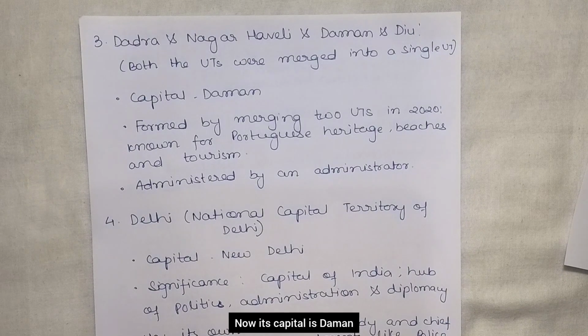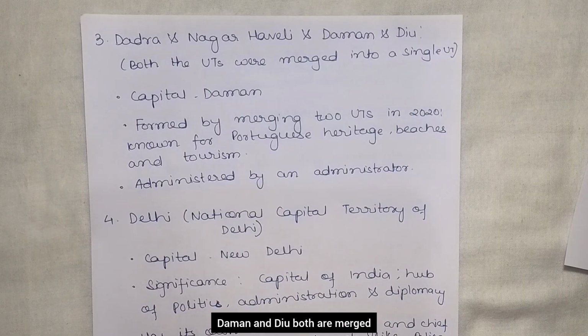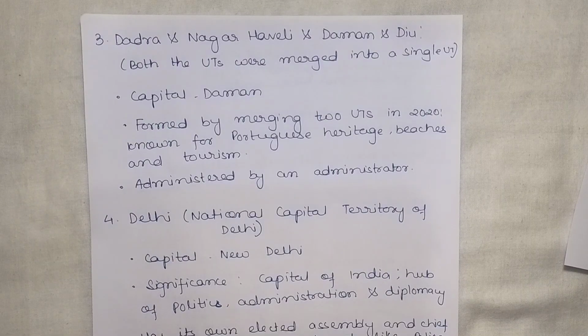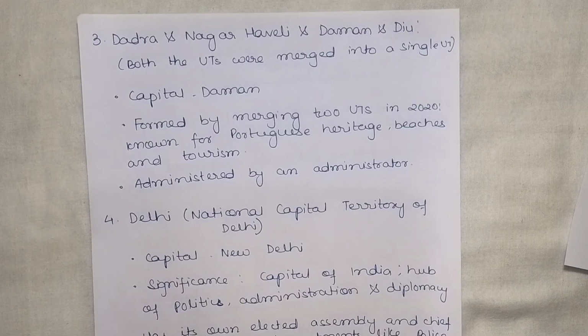Its capital is Daman, formed by merging 2 union territories in 2020, known for Portuguese heritage, beaches and tourism. It is administered by an administrator, right? So Dadra and Nagar Haveli and Daman and Diu are merged, and their capital is right now Daman, and they are famous for Portuguese heritage, beaches and tourism, and it is administered by an administrator, right?